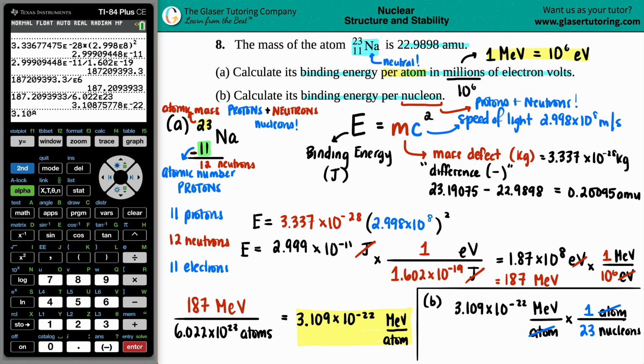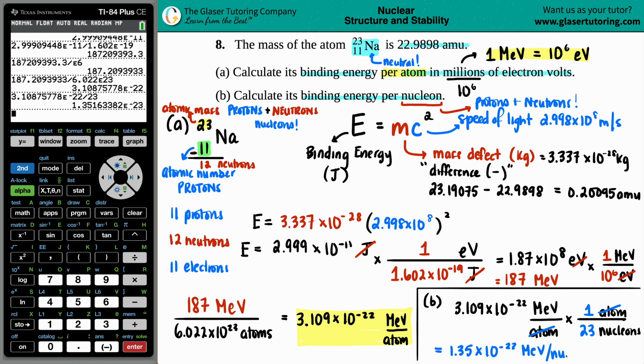Similarly, if you wanted to take the 187 and divide it by 23, that's fine as well. And 1.35, we'll call it. 1.35 times 10 to the negative 23rd. And that's mega electron volts per nucleon. And that is the final answer.